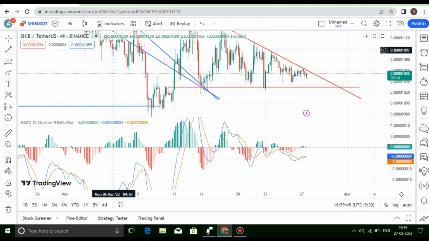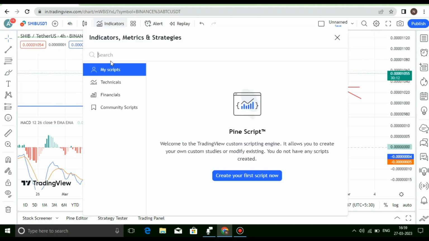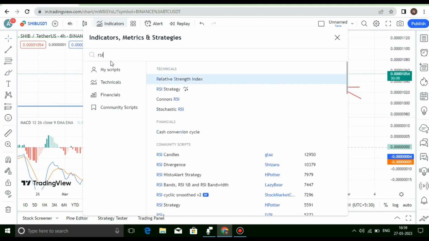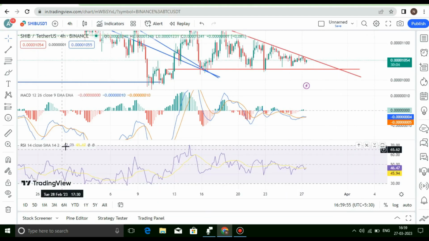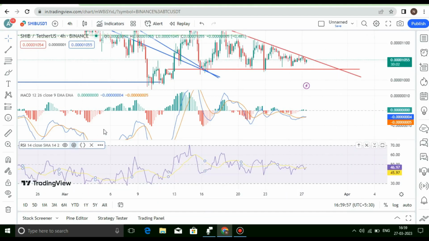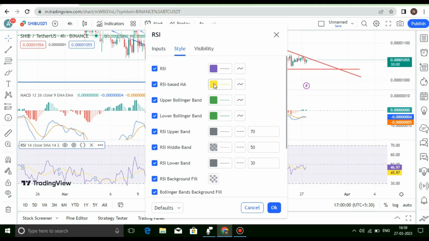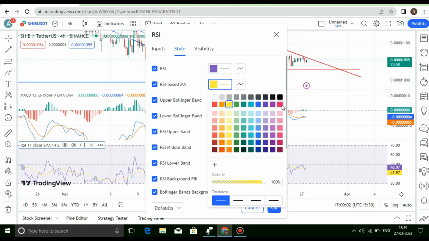and apply the RSI. So let's search here for RSI, relative strength index, and here we have it. Let us change the color of the RSI first, from this color to this color, and change the width as well. Okay, that's it.